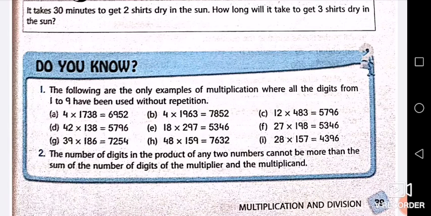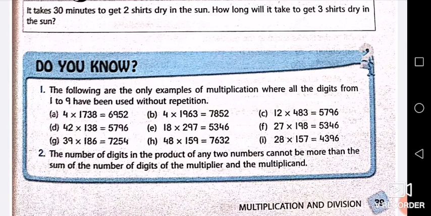Now in all these questions A, B, C, D, E, F, G, H, I, you can find numbers from 1 to 9. 0 is not included in these multiplication questions, and you are going to find numbers 1 to 9 in each example without repetition.